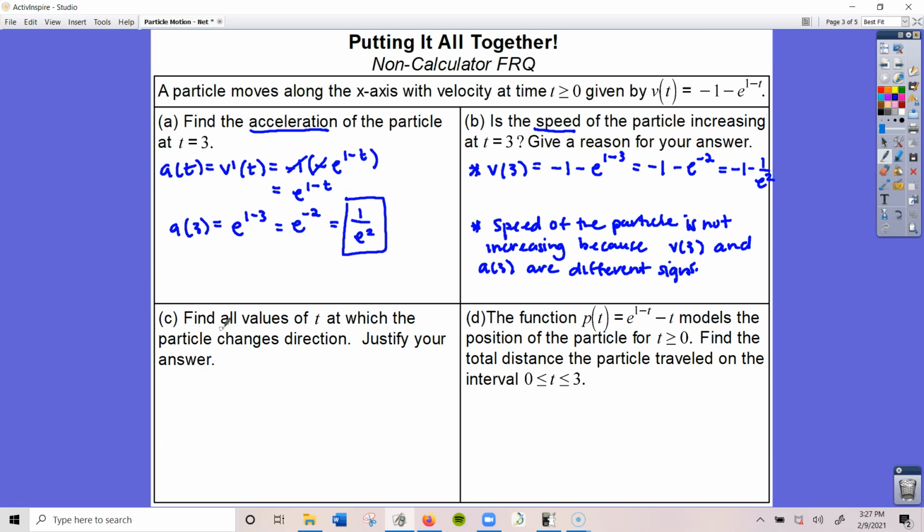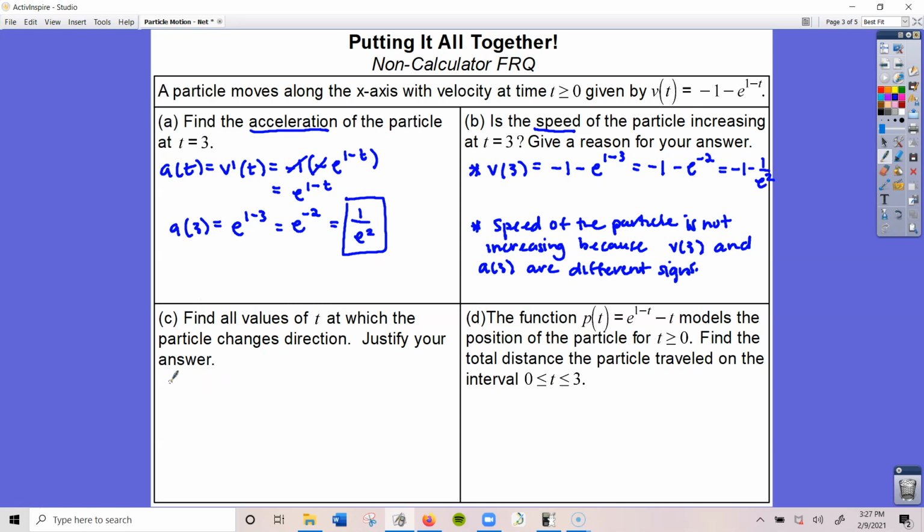Okay? For part C, find all values of t at which the particle changes direction and justify your answer. So when we're talking about justifying your answer, especially if you're just finding a value, if there's no theorem involved or anything like that, then we're basically just showing our work. So we know the particle would change direction if the velocity is equal to 0.